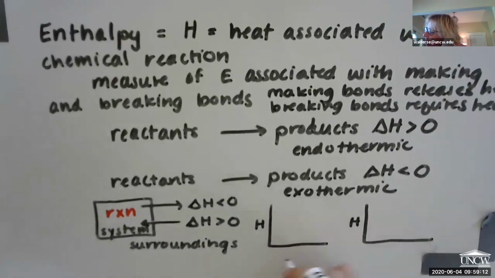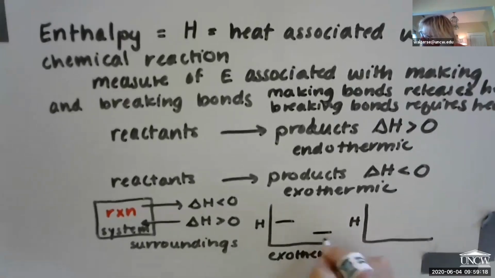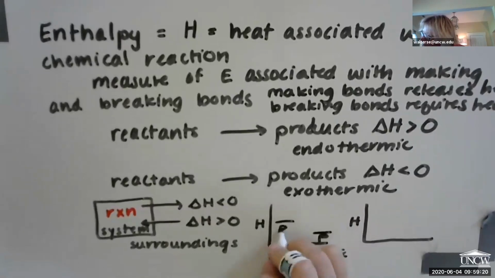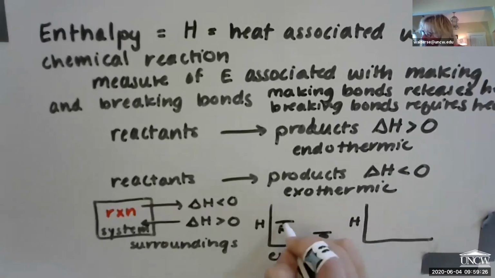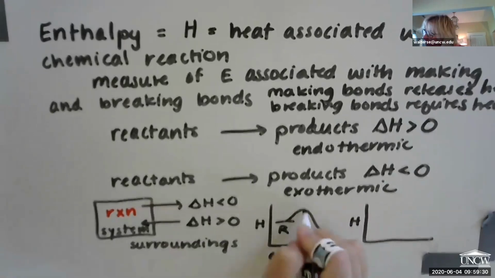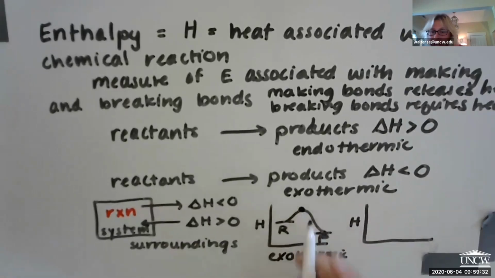If you have an exothermic reaction, the products have to be lower in enthalpy than the reactants. You're still going to have a hill. It's not going to be like a straight down. It's going to have a little bump, but it'll be down like that. The peak height of the hill is going to be closer to the reactant side.